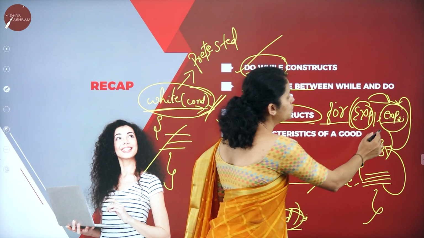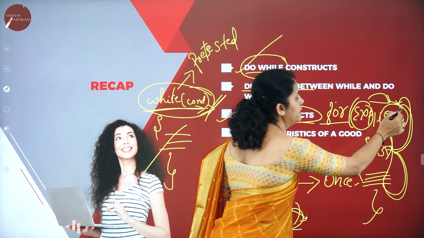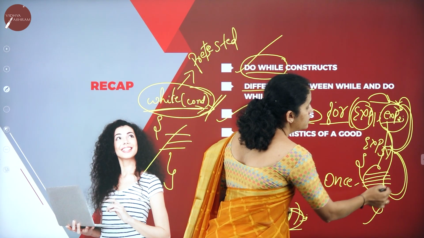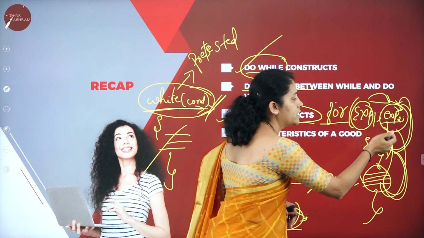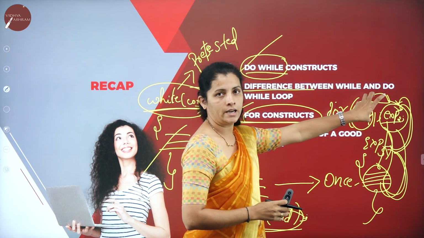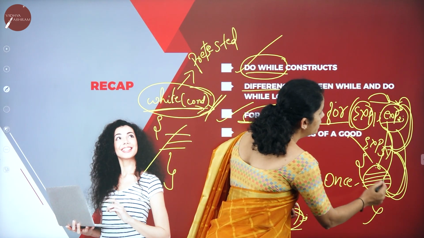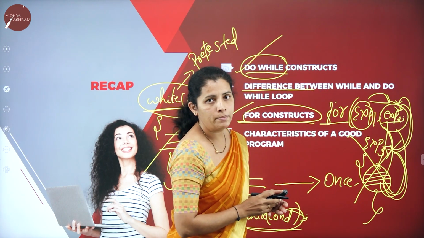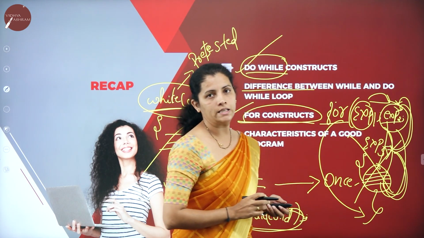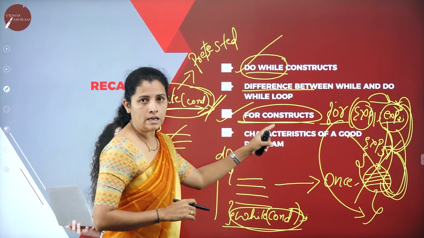If the condition is true, execute the statements, increment or decrement the variable, check the condition. And if that condition is false, then there is no need to execute the statements, and the control is directly transferred to the next statement. This is the working procedure of the for construct.